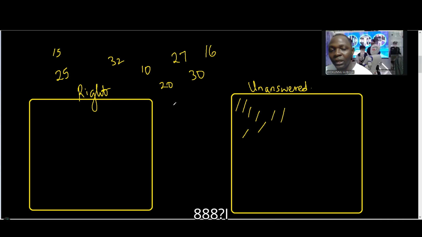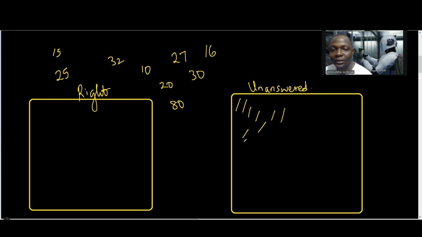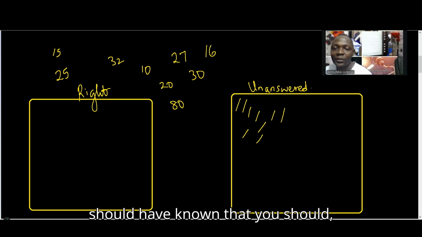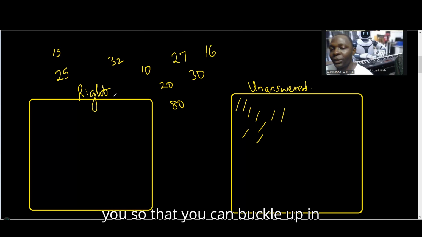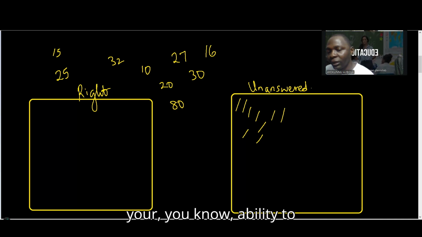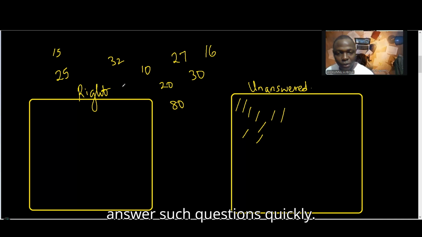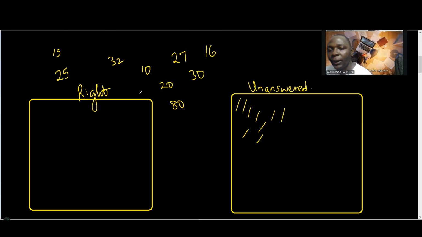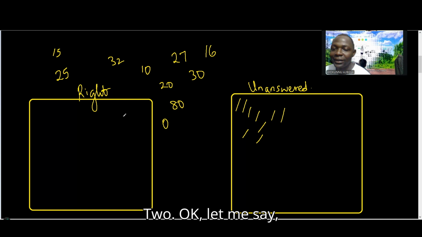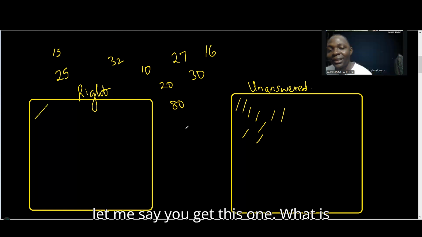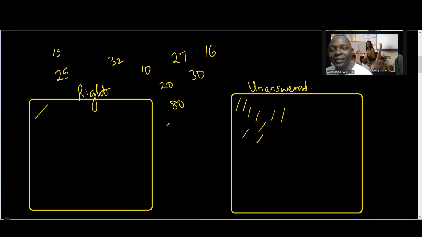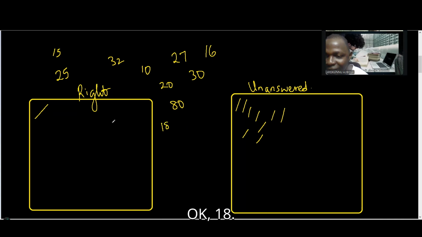What is 10 times 8? 80. I should have known that. You should, but I'm just trying to drill you so that you can buckle up in your ability to answer such questions quickly. What is 2 times 0? Let me say you get this one. What is 2 times 9? 18.